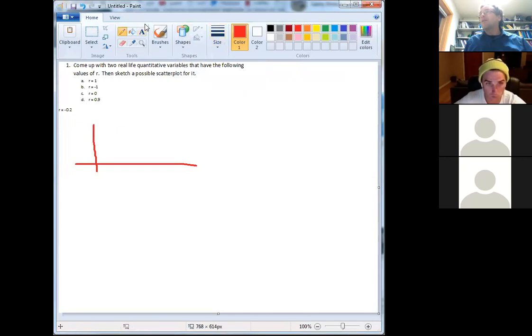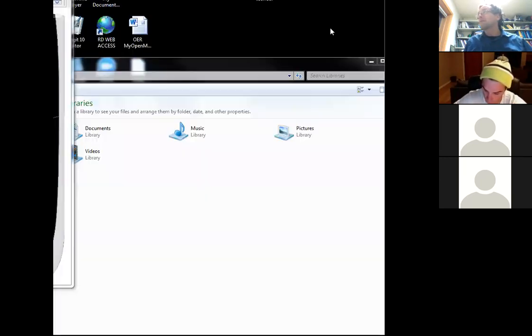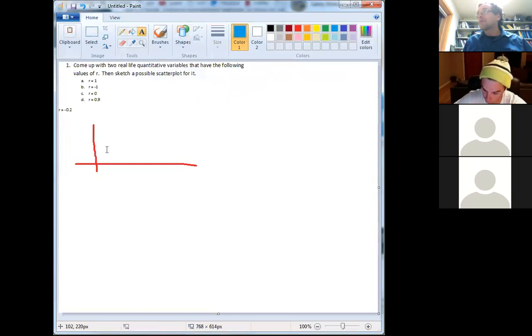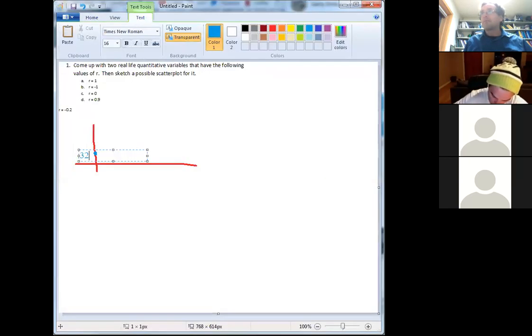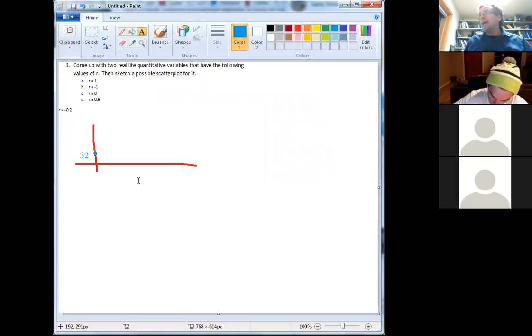So the scatter plot, first thing, it's going to have a y-intercept of 32. So that dot is 32. And then it's going to go up with a slope of 9/5. So I can't do it perfectly, but I'll do my best.